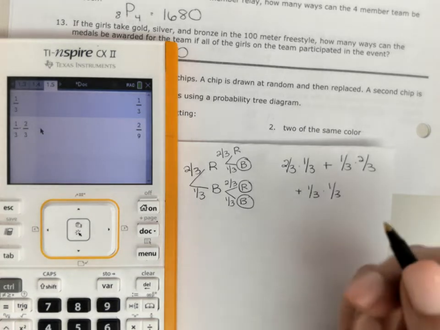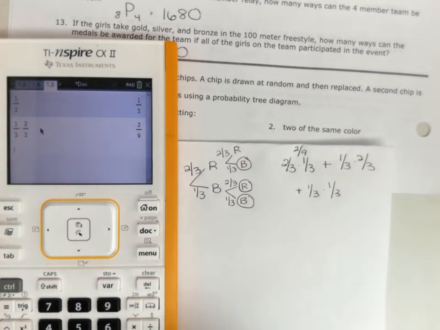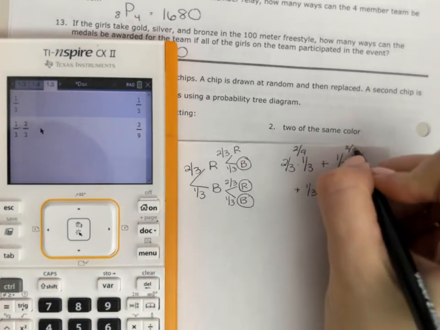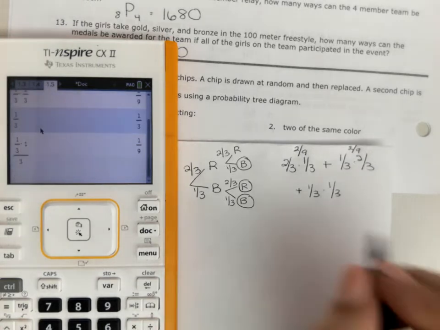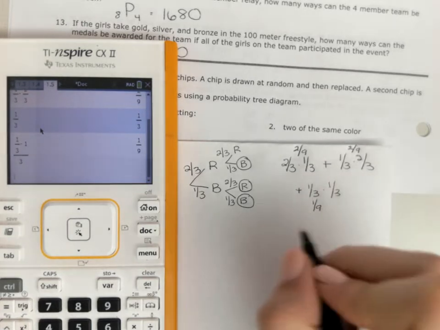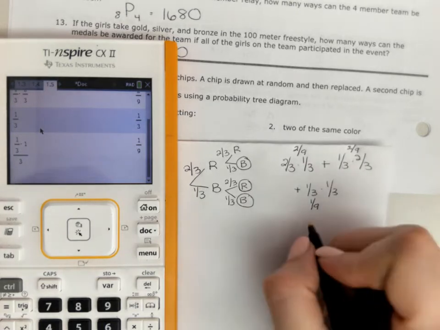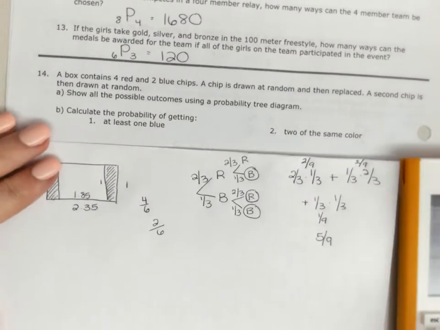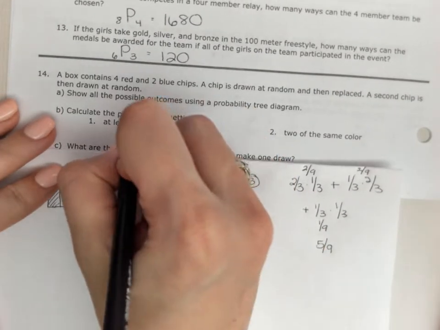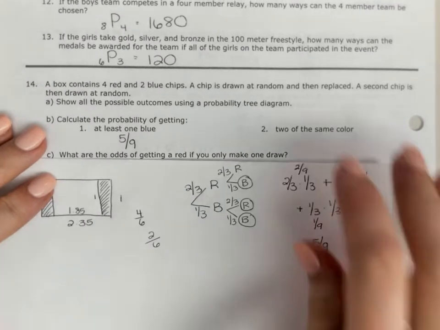Okay, so this is 2/9. Then we also have that again, so 2/9. And then we have 1 divided by 3 times 1 divided by 3, which is 1/9. So when we add these all up, 2/9 plus 2/9 is 4/9, plus another 1/9 is 5/9. So the probability of getting at least one blue is 5/9.